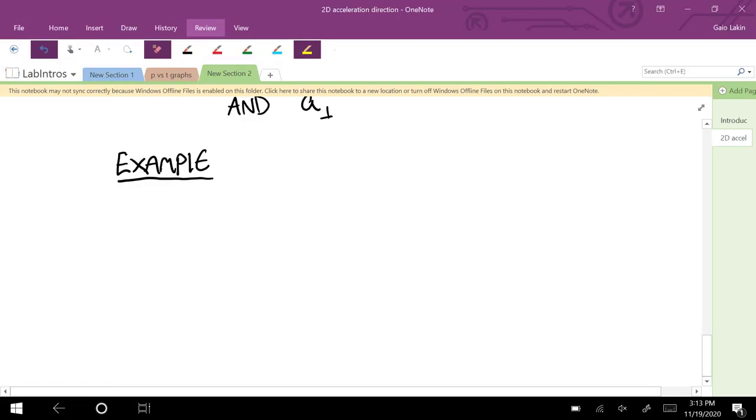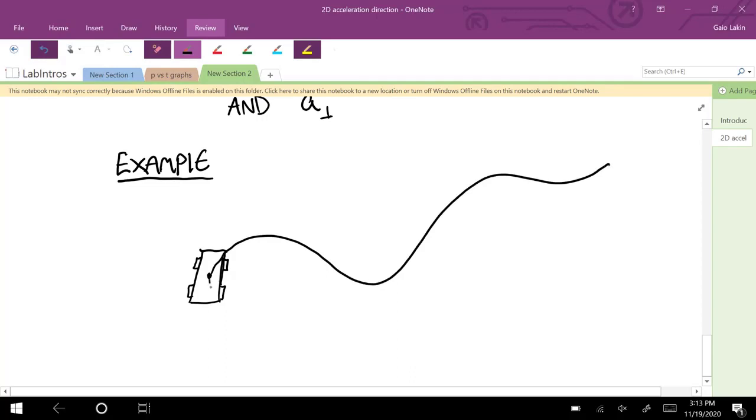Okay, so let's say that we have this car. We're looking at it from above. And let's say it's following a path like this. Okay, so it's going this way along the path.